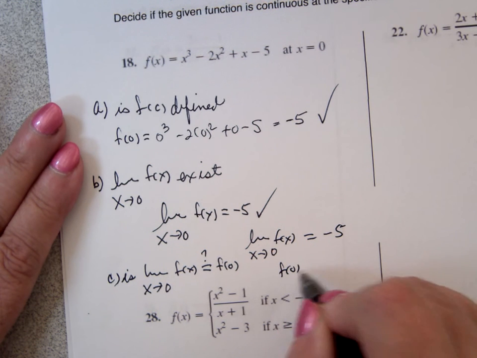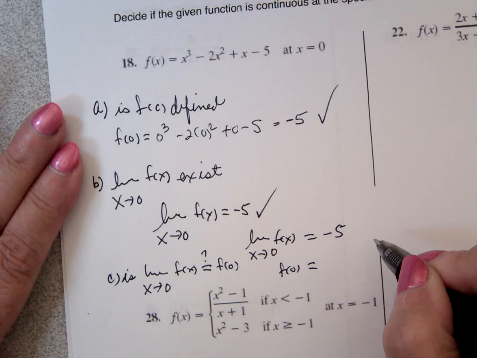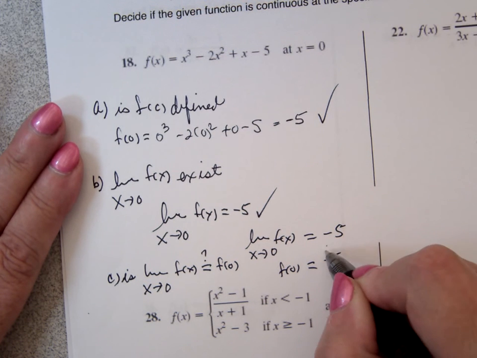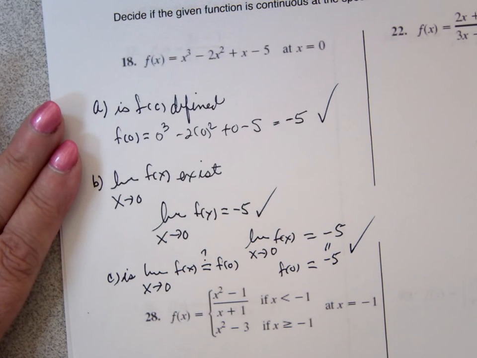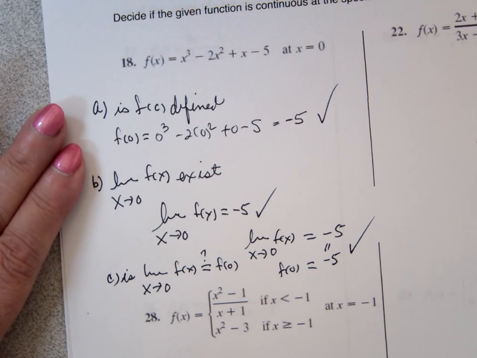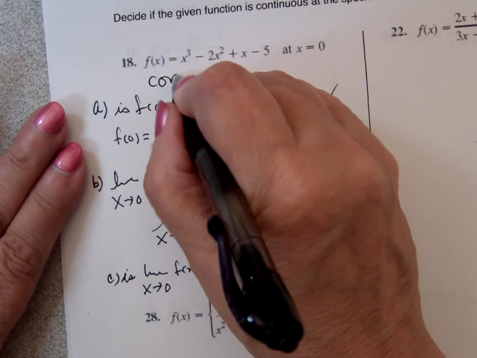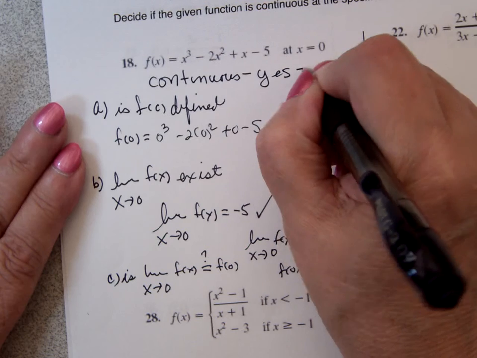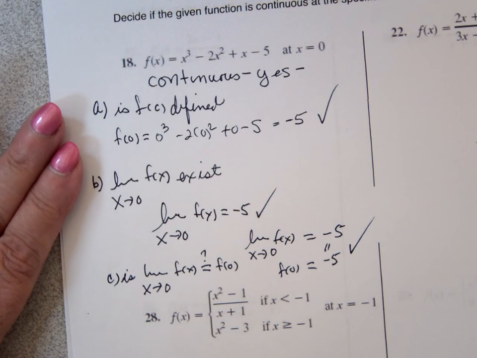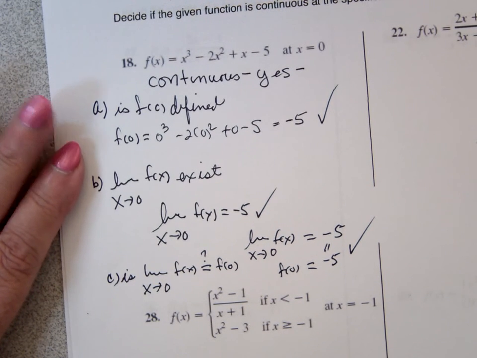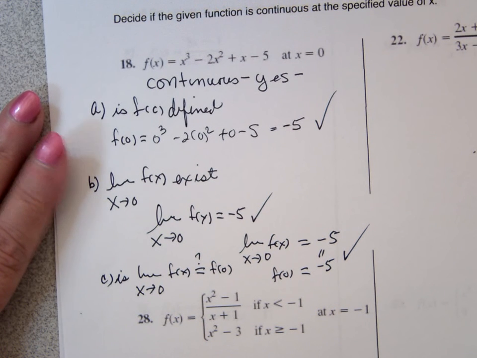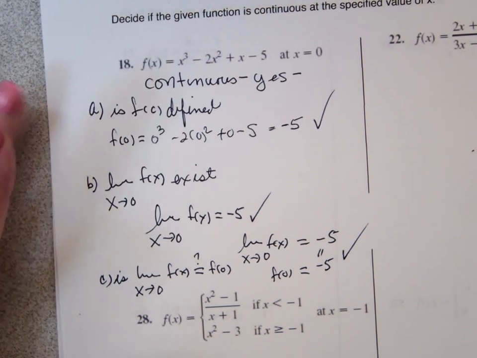And f of 0 equals, are they the same? So is this thing continuous? Yeah. That's done on polynomials. Personally, I would say from college algebra, by theorem, polynomials are continuous. All polynomials are continuous.